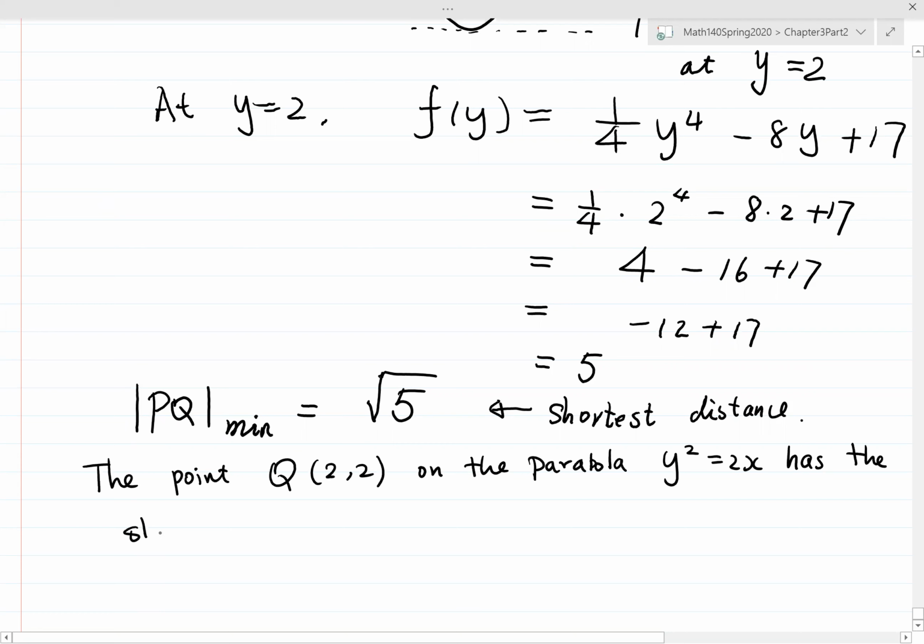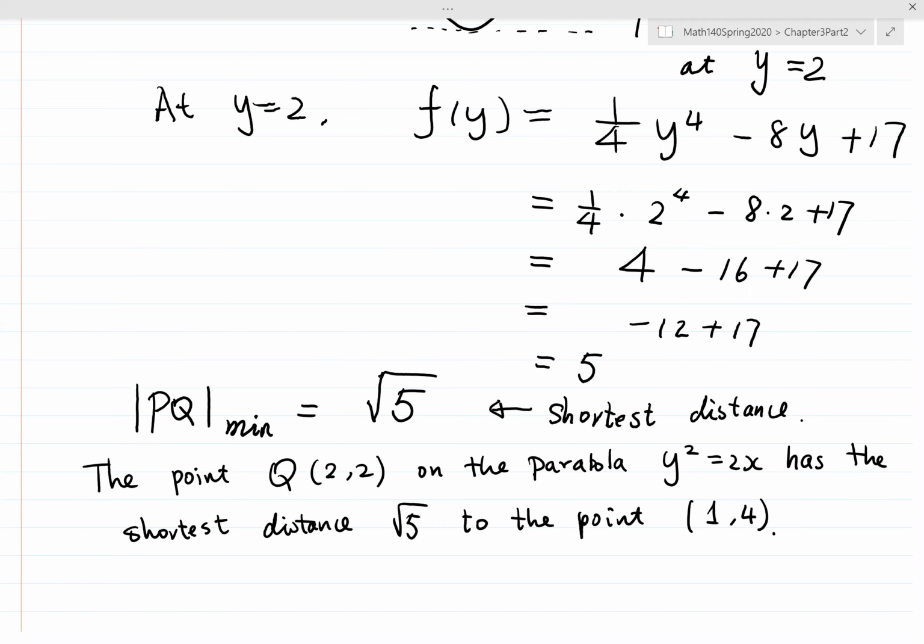The shortest distance in this case is square root of 5, to the point (1,4).